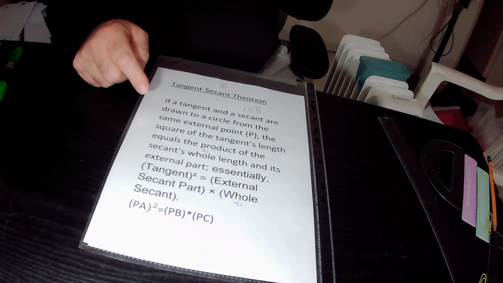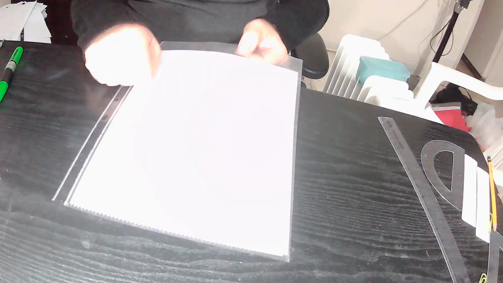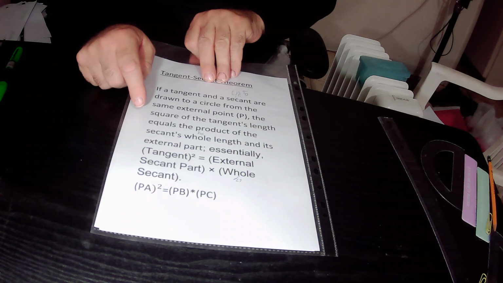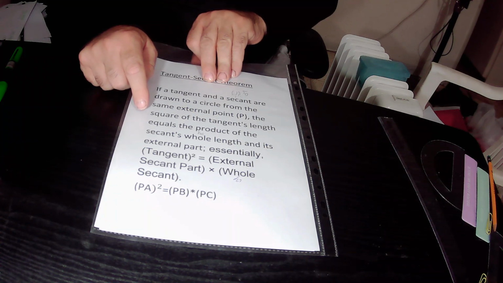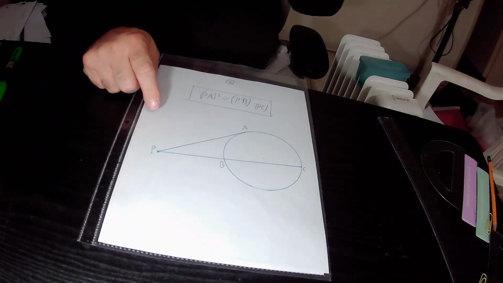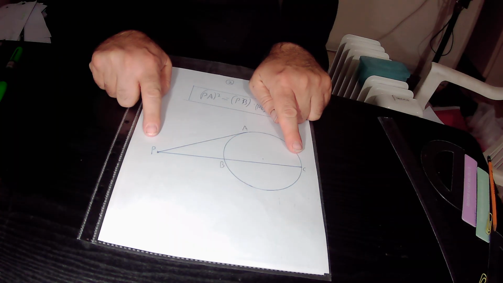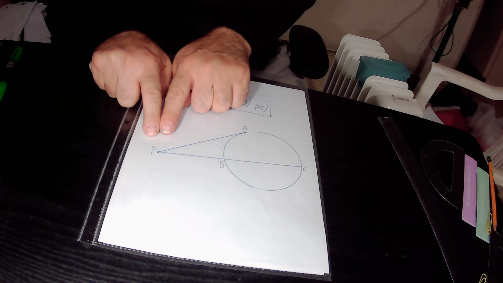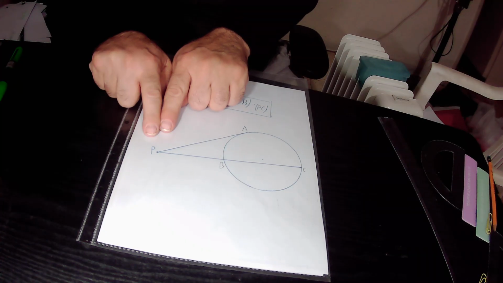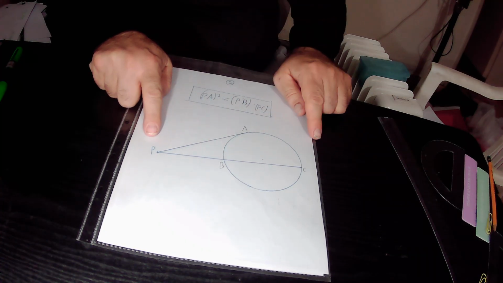The square of the tangent length, PA squared, equals the product of the secant's whole length and its external part. The length of this secant in total is PC times the external part, that is PB. So PC times PB equals PA squared.